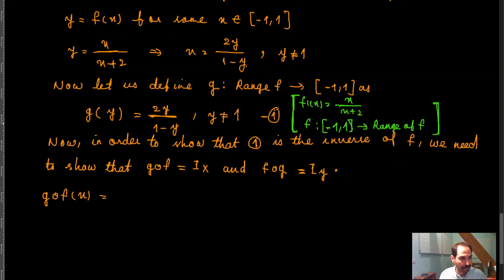Okay, so what that means is that GOF is going to be equal to, in the function g, wherever you see a variable y, you have to put the function f of x. This is the same thing as g of f of x.